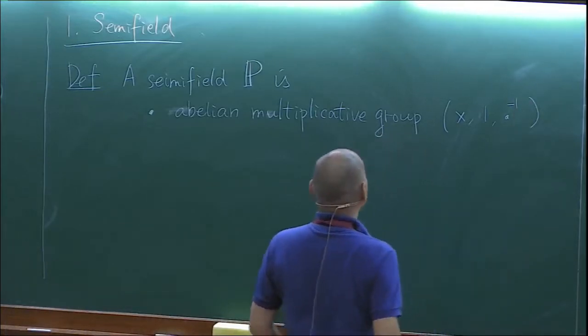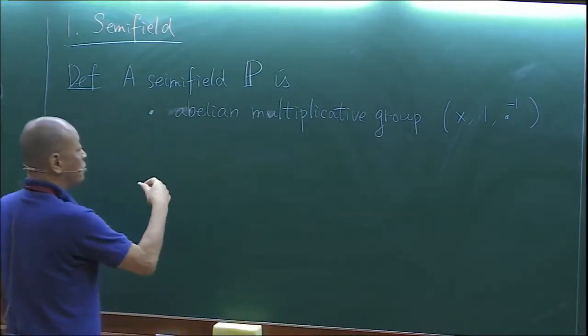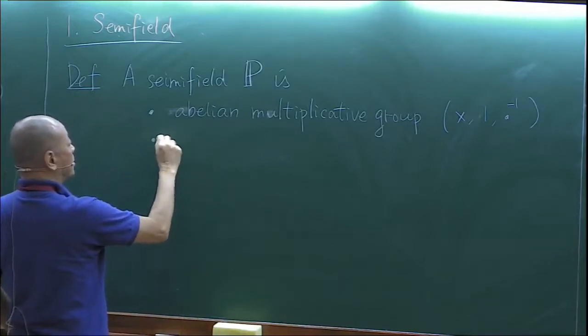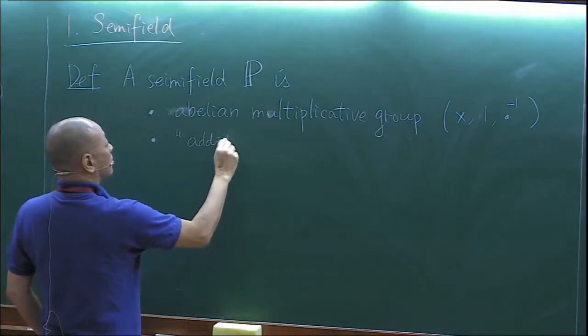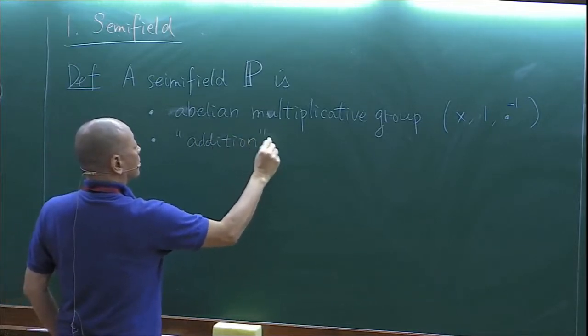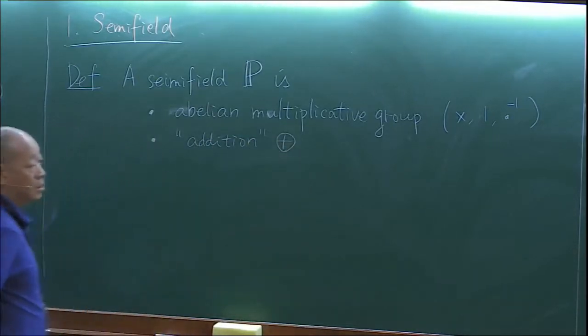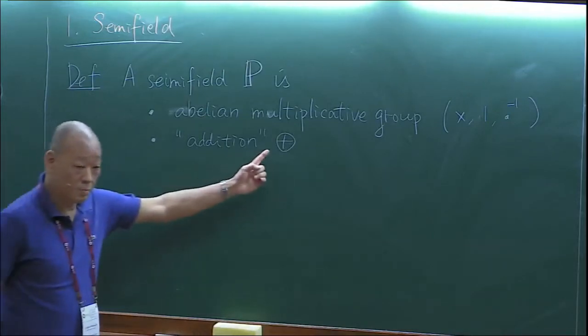And in addition to this structure, it has a so-called addition, written with this symbol, which is a binary operation. It is commutative and associative.